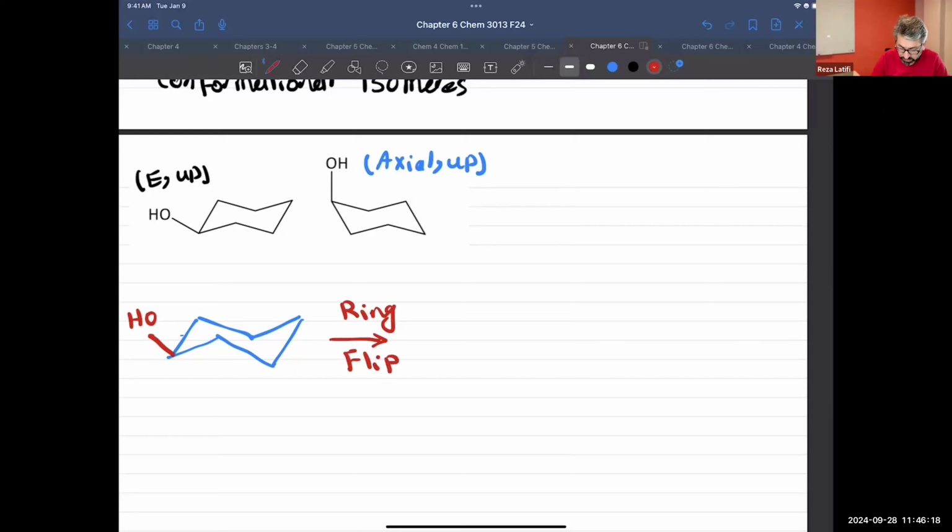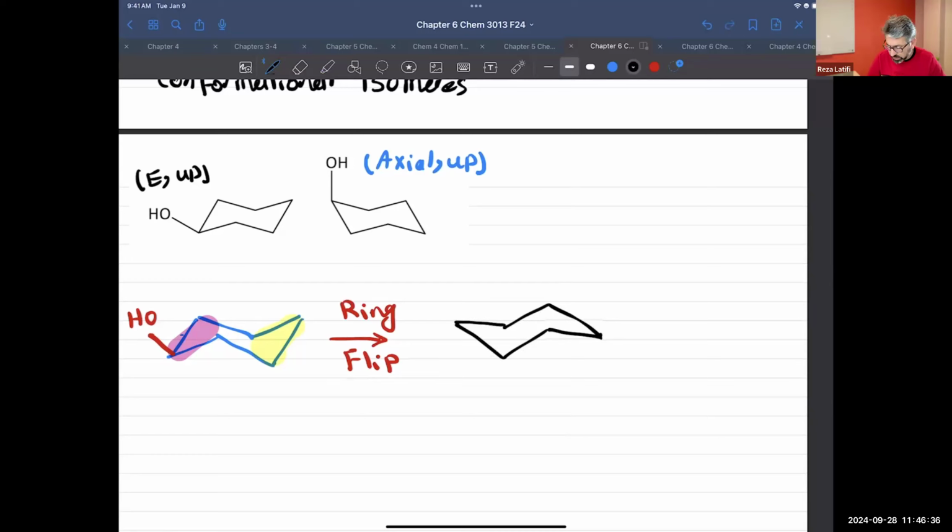If we do a ring flip, this part of the molecule will go down, and that one will be pointing up. Very good. So this one now is pointing up, and the second side will be pointing down.